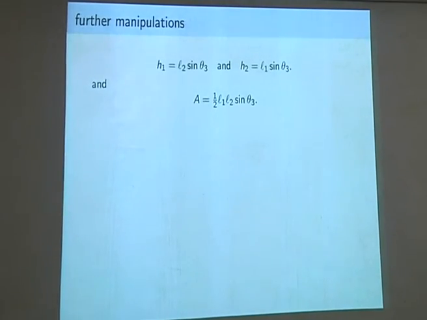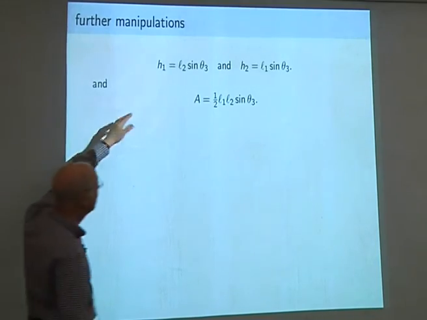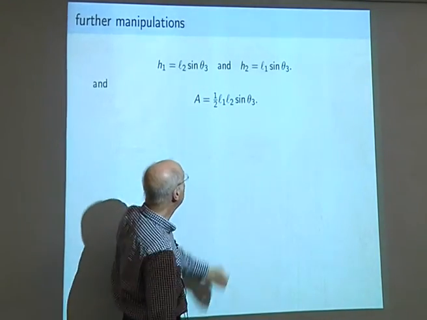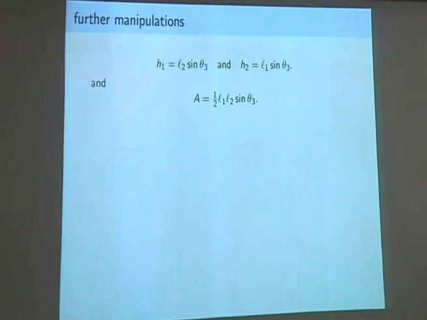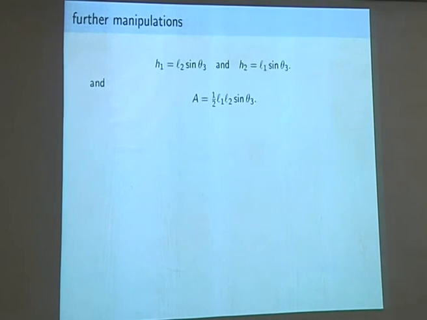Or I can do the altitude in the second direction, the symmetric version, and then the area is the base, length 1, times h1, the altitude, and that is therefore a half the two lengths, length 1 and length 2, times the sine of the angle in between.